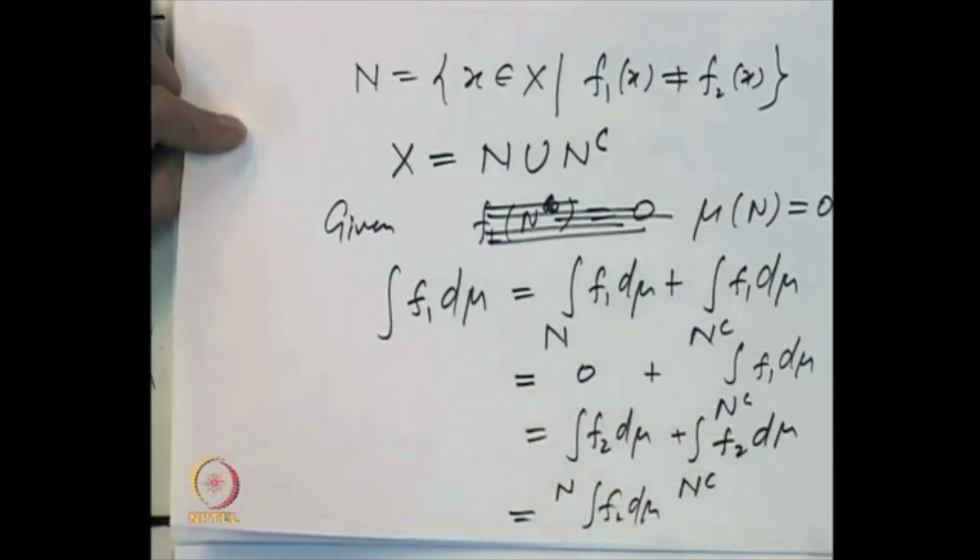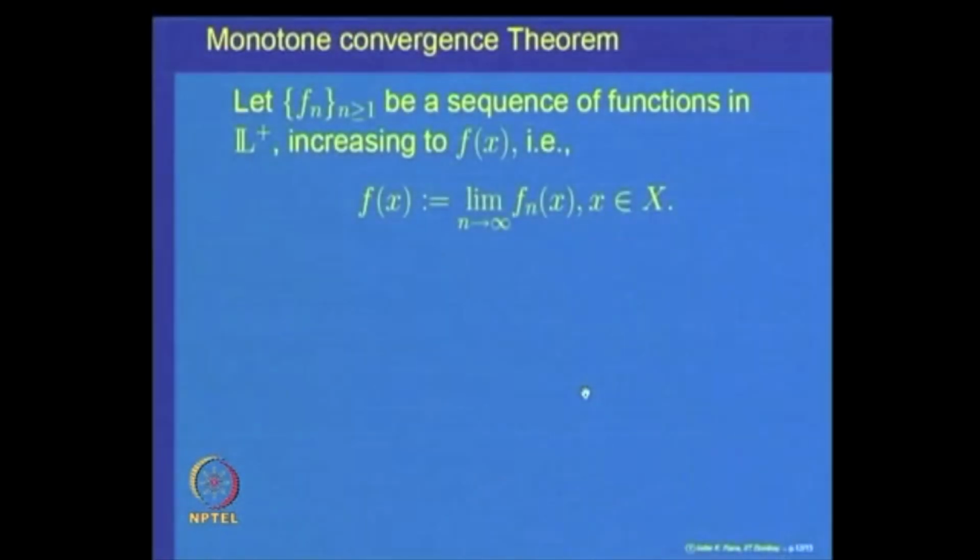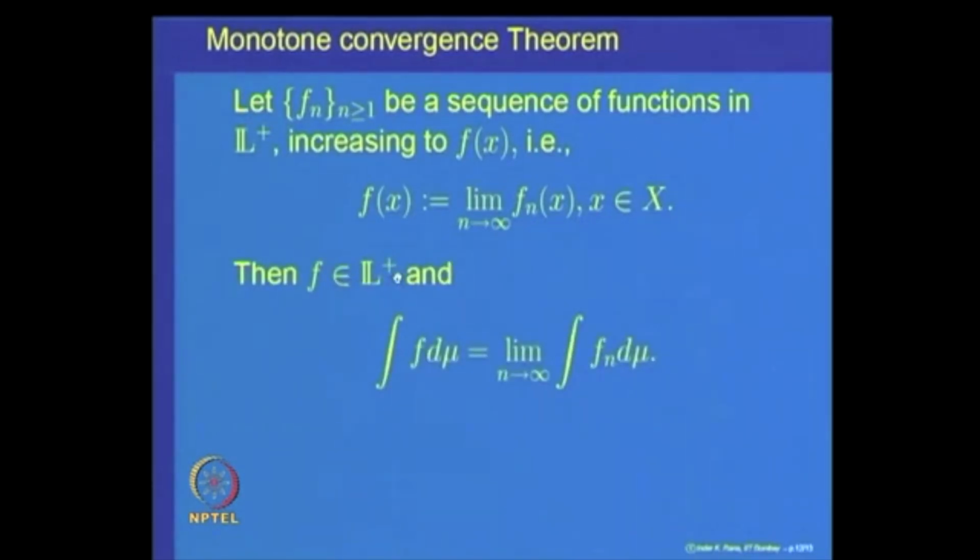So that essentially says that the integral of a function does not change if it changes its values on a set of measure 0. So let us now come back to the property that I was trying to state earlier, namely, if we have a sequence f_n of non-negative simple measurable functions and the f_n increase to f, that is f(x) is equal to the limit of f_n(x), then the claim is f belongs to L plus and the integral of f d mu is equal to the limit as n goes to infinity of the integral of f_n d mu.